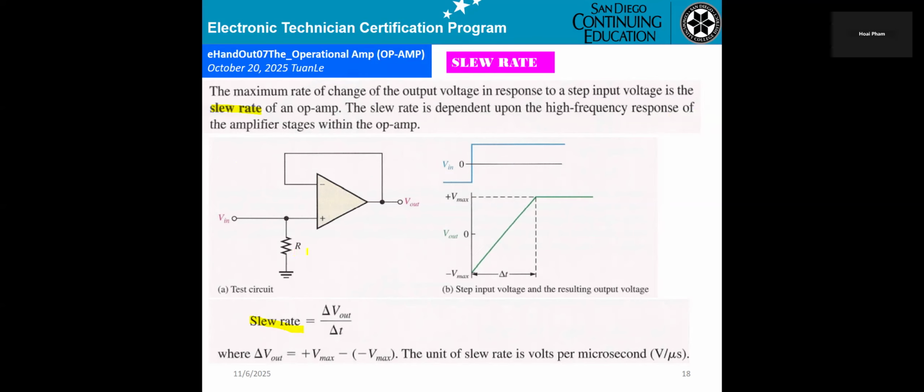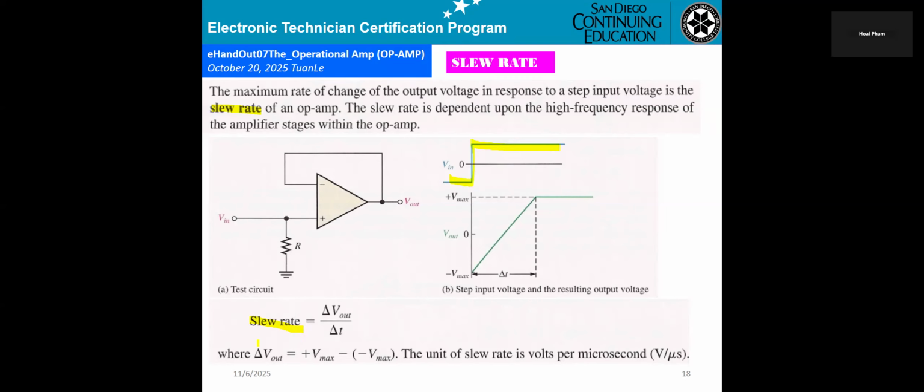Okay? So basically, you get the input here. Vin goes from minimum, from 0, negative, up to the positive, and they need to calculate the slew rate.